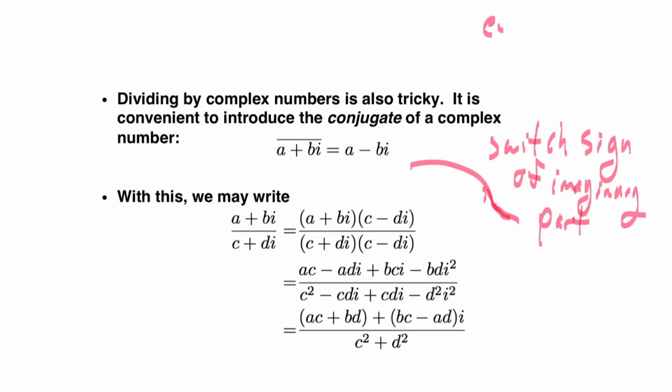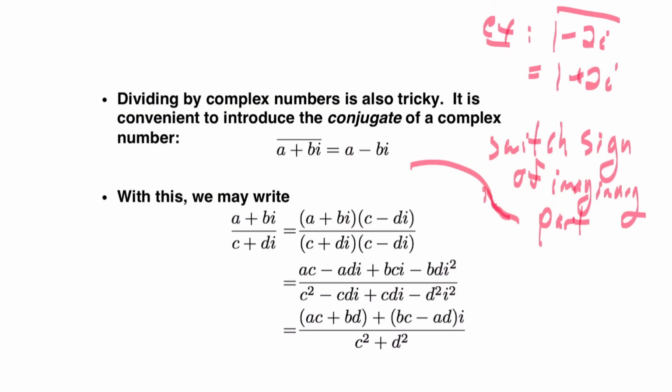So for example, the complex conjugate of 1 minus 2i is simply 1 plus 2i. I leave the real part alone and switch the sign on the imaginary part.